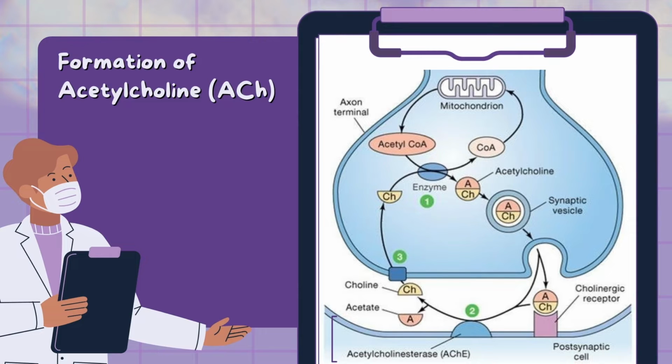Before I explain how acetylcholine is synthesized, I first explain how the formation of acetylcholine occurs, then proceed to its synthesis. It starts with the acetic acid or acetate, which is taken from the breakdown by acetylcholinesterase of acetylcholine into two parts, acetate and choline.